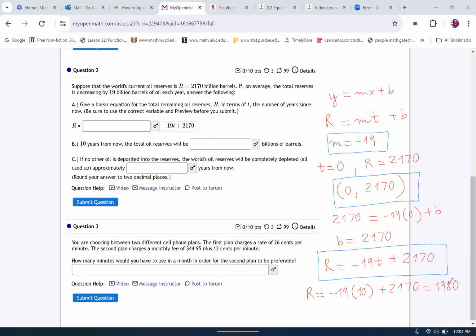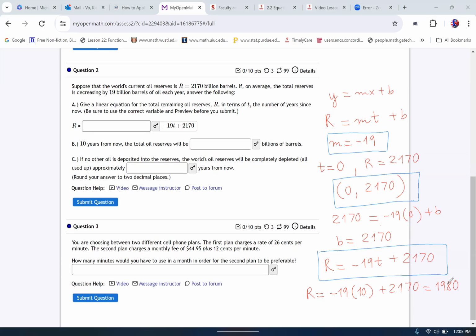And then the last part of the question is, if no other oil is deposited into the reserve, the world's oil reserve will be completely depleted, which means when all of it will be used up, approximately how many years from now? Well, to answer that question, when the world oil reserve will be completely depleted, that means when R is equal to 0.